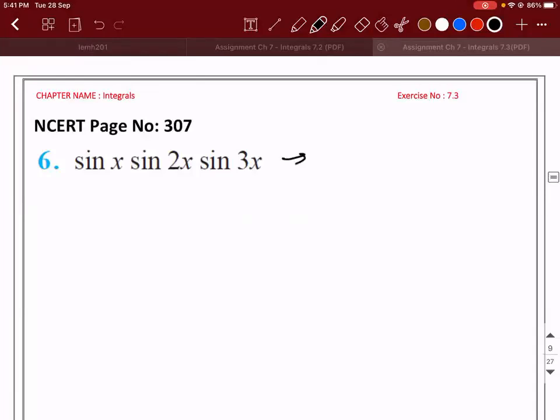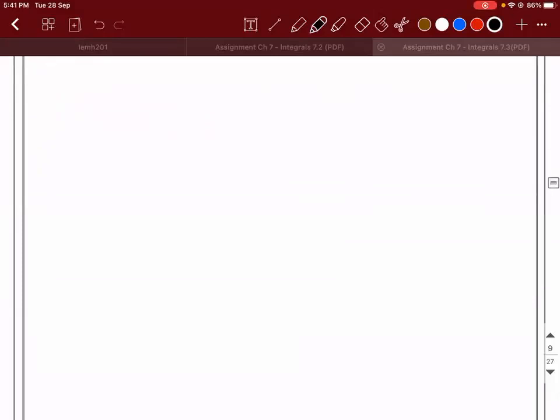So this problem, I'm again giving it as homework. You have to combine sin x and sin 3x and write it.